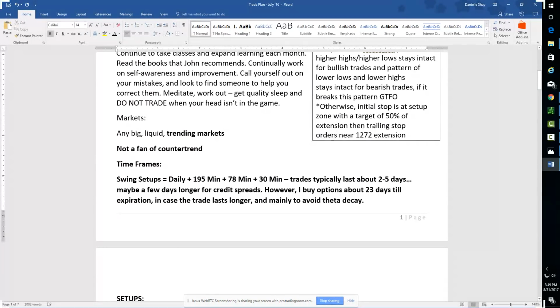When you're using the squeeze and you say, hey, I don't want to be in a trade for 2 to 5 days, I want to be in a trade for 3 weeks, that's fine. Then you just look for a confluence of a weekly squeeze with a daily squeeze instead of a daily and a 195-minute. But either way, it's best to figure all this out and write it down so that you can have your plan and stick with it.